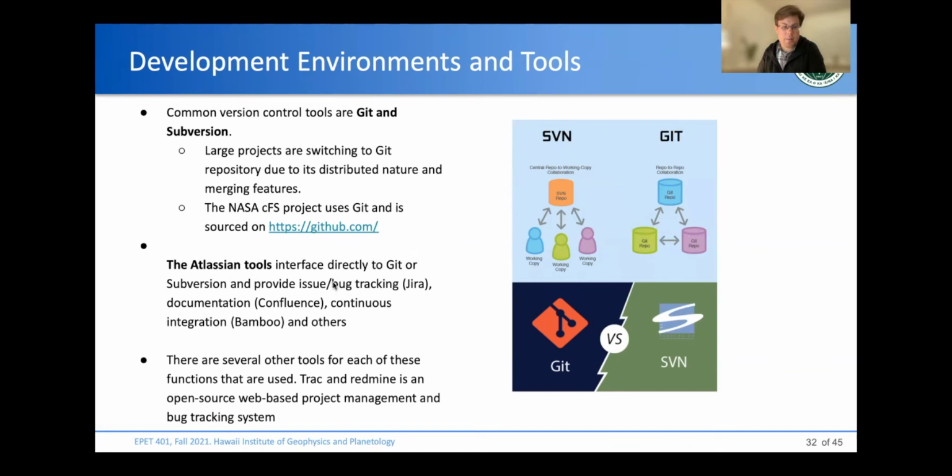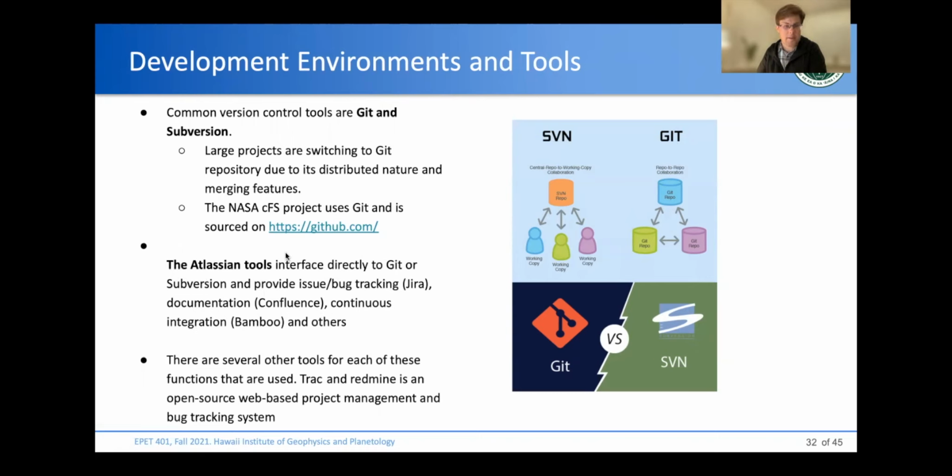Atlassian also has a bug tracking and issue tracking system called Jira, a documentation system called Confluence, and continuous integration called Bamboo. So Atlassian has a full suite of tools to integrate a full software development team.